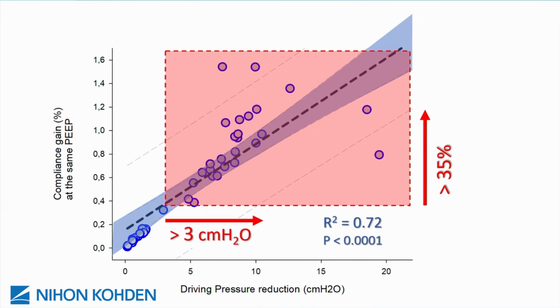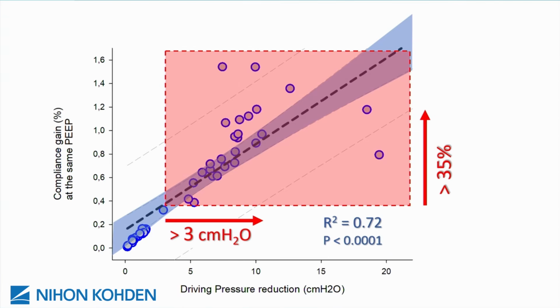But then you need a CT or EIT. If you don't have it, only with the ventilator, you more or less can say that every time you have a gain in compliance of 35% using this maneuver, very likely you are going to improve your driving pressure by 3 centimeters of water.